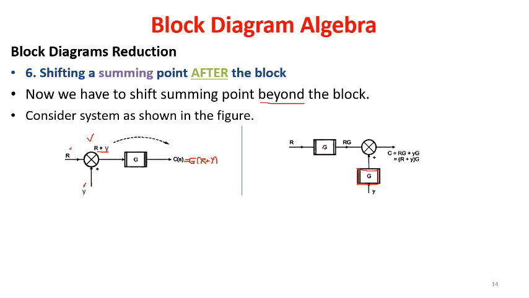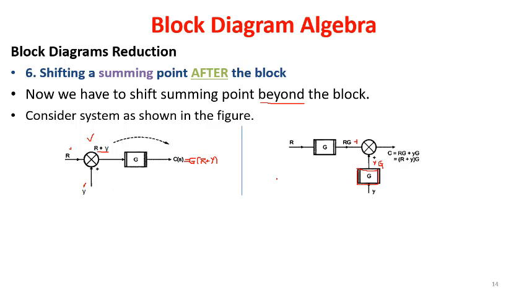R is the input. When the signal passes through this forward block G, the output will be RG. So this will be positive. And the output coming out of this G block will be Y into G, because it will be the product of signal Y and the forward block G. Then after summing, it will come as RG plus YG, which is R plus Y, product of G. So it will be the same as this one.